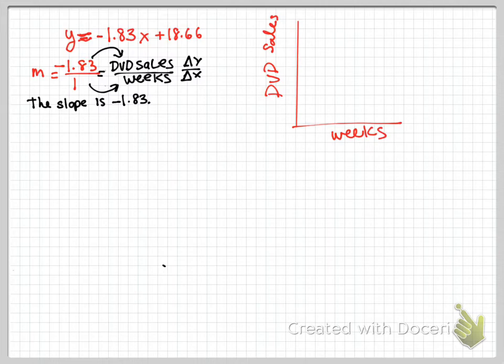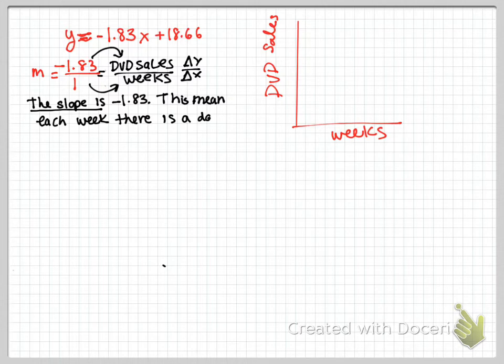So again, the protocol is the slope is, this means: each week, there is a drop of $1.83 million of sales.